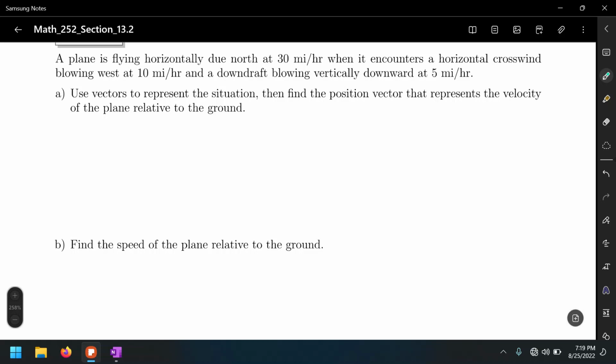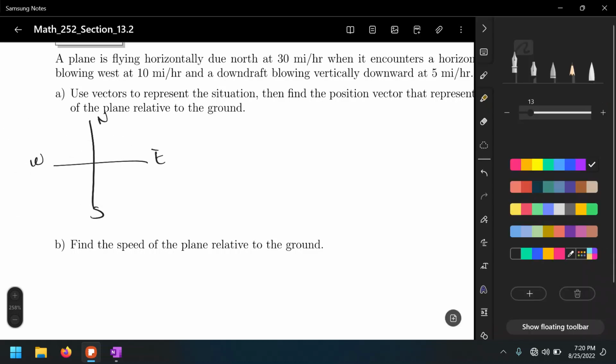So what we're going to do is find the resultant vector. We're going to add those 3 vectors. But first, let's write this information given in words in vector notation. I know this is north, west, south, east.